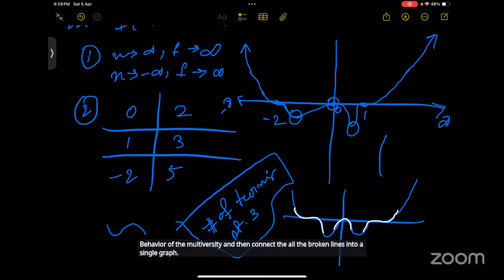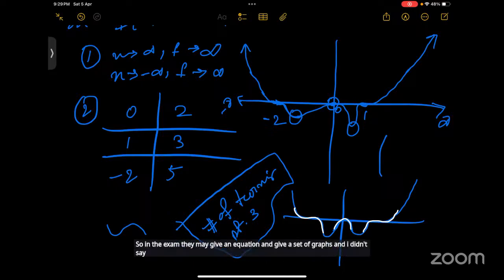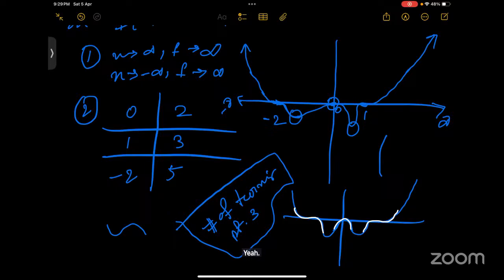Is that right? Yes. So this is the easiest way to draw the right graph. In the exam, they may give an equation and a set of graphs and ask you to identify the right graph.